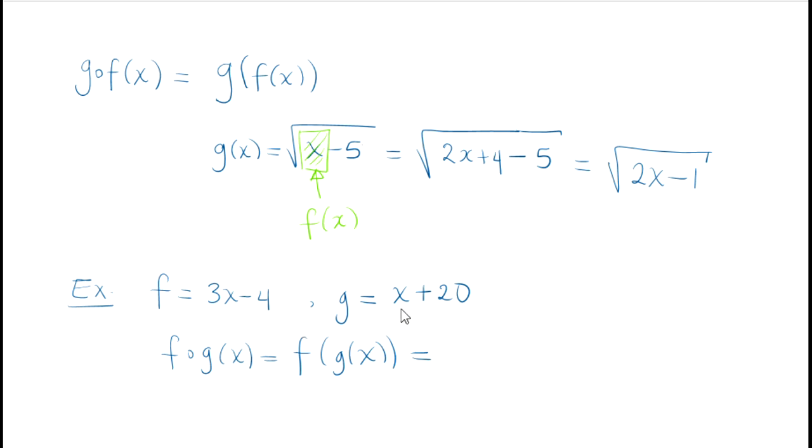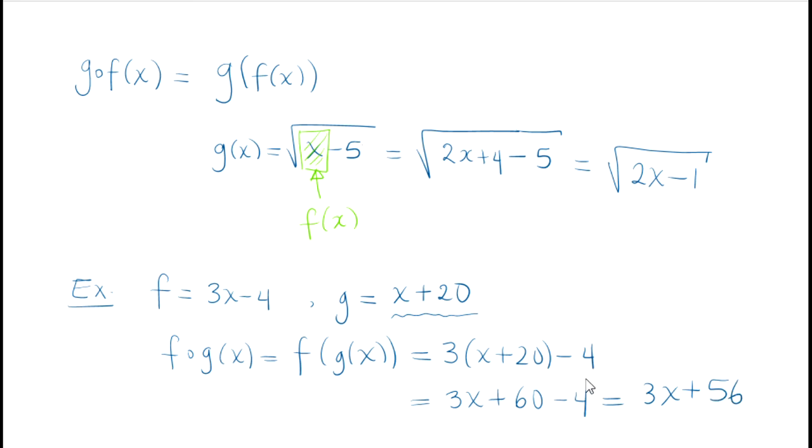Now you have x plus 20 in place of x in f. So it's going to be 3 times x plus 20, minus 4. See, you need to simplify it. If you multiply, it's going to be 3x plus 60 minus 4. So that's going to be 3x plus 56. So that's how you do the combination.